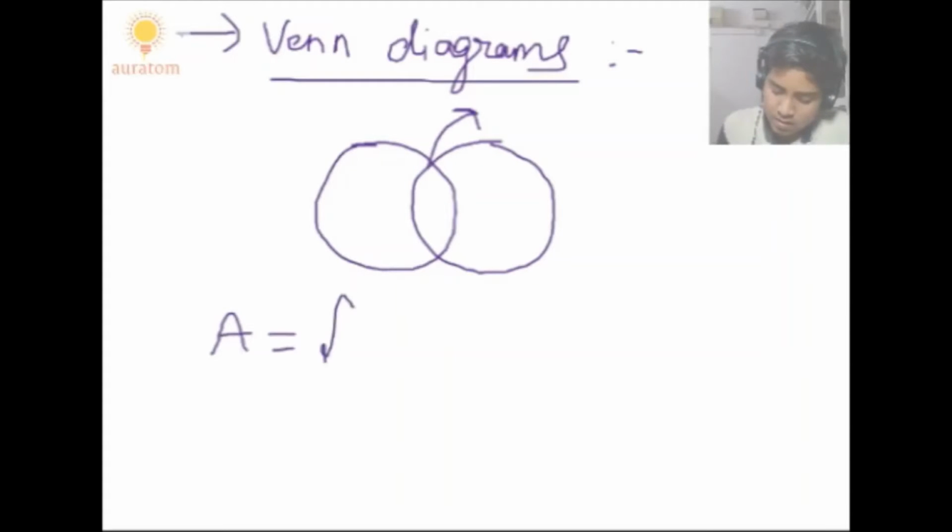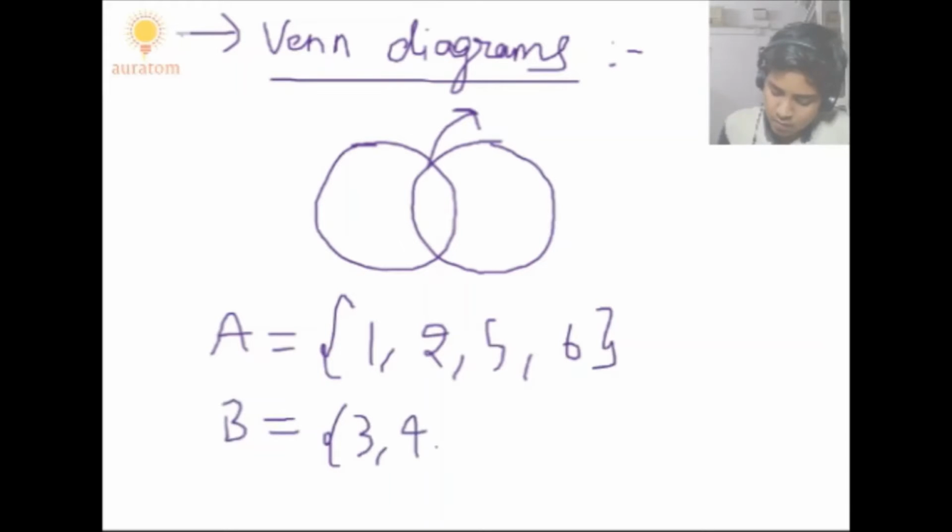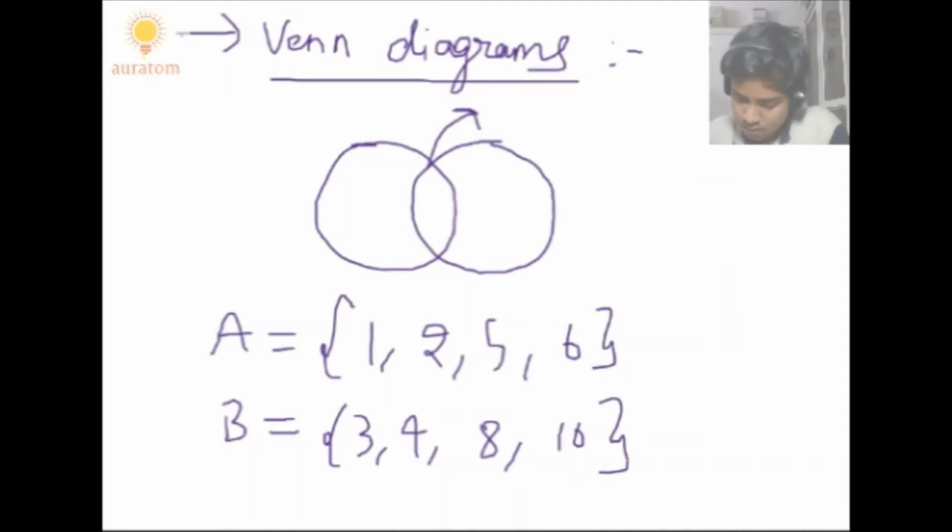Let's say A is 1, 2, 5, 6, and let's say B is 3, 4, 8, 10. Let's also include 5 here for obvious purposes.